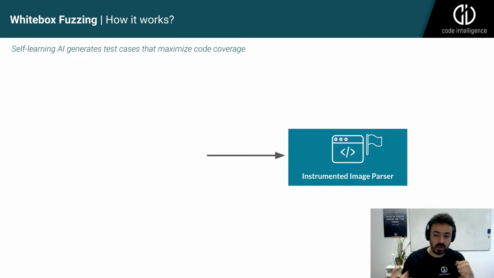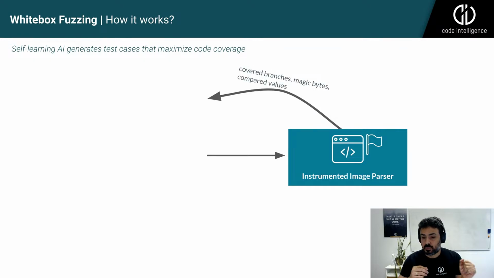While we compile the code, we inject certain markers, and these markers give us feedback for each test case or each input that we generated: okay, with this input, you are able to reach these code blocks. You were able to do this kind of comparison. All these signals that we get from the software are then used by the fuzzer to intelligently do mutations or changes so that step by step we learn what input we should generate.